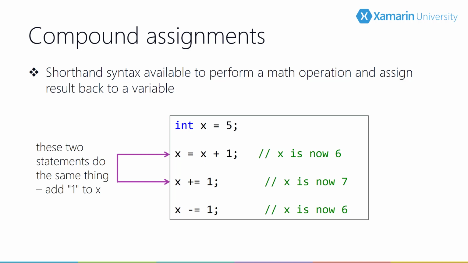This is called a compound assignment, where we combine plus and equal, or minus and equal, or times. It doesn't matter what operator it is. We can combine them with an equal sign, and that basically means the same as x equals x plus 1, or x plus equals 1.